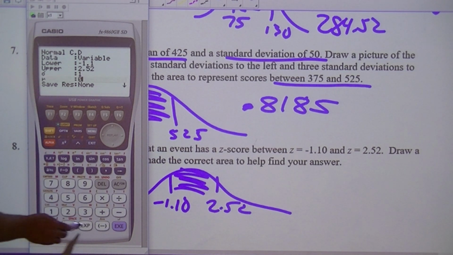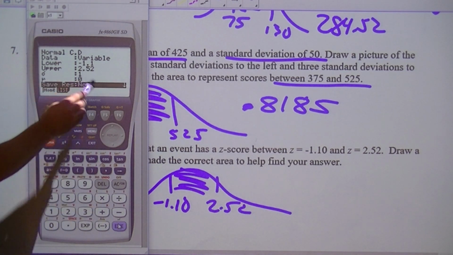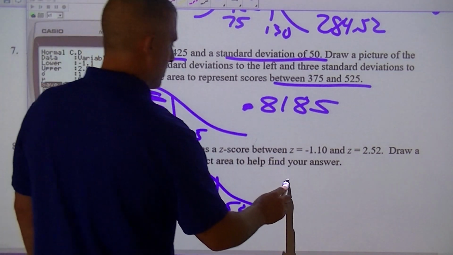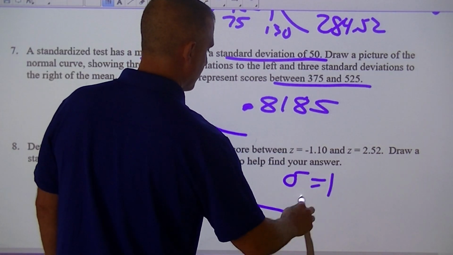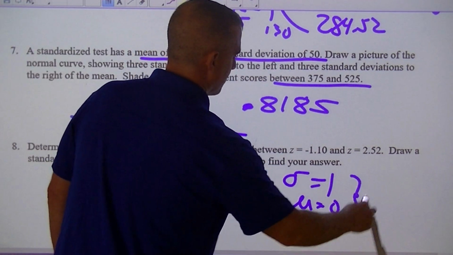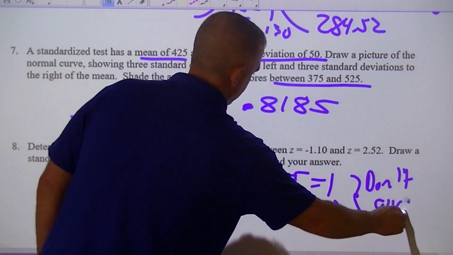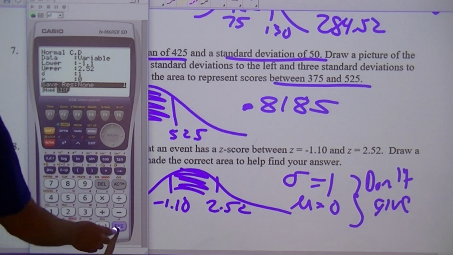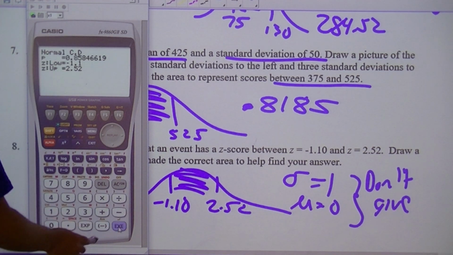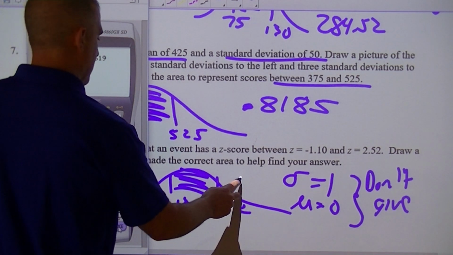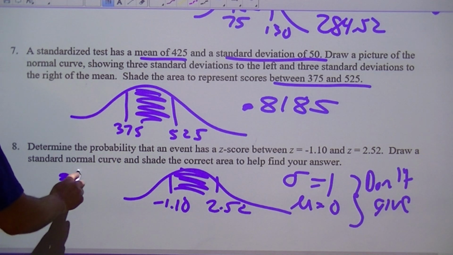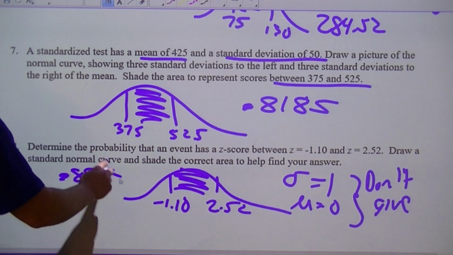I don't know the mean, so I can assume 0. So if you don't know those, if they don't give you those, you can always assume this. If they don't give that, that's what you should do, okay? So that's 0.8584. And that's all they wanted was probability.